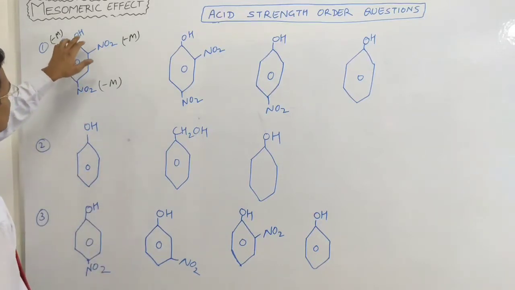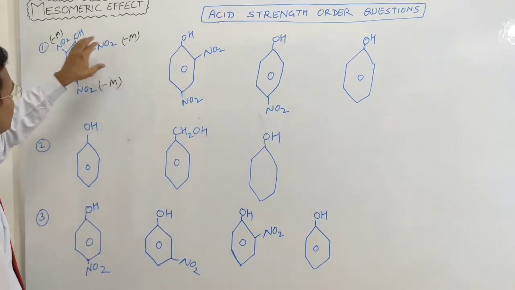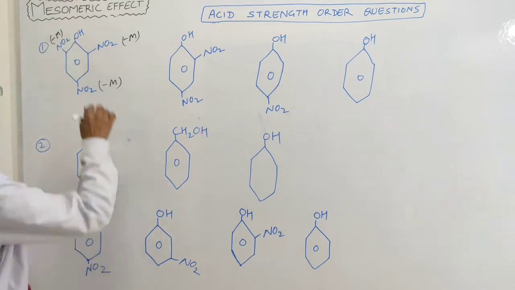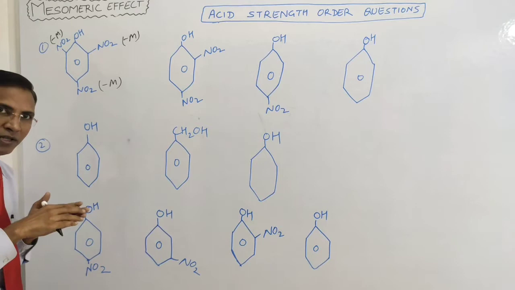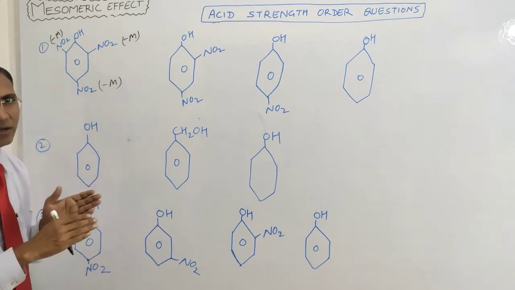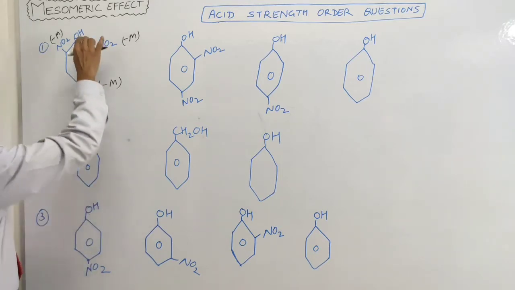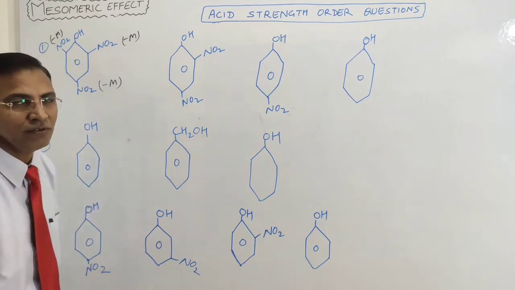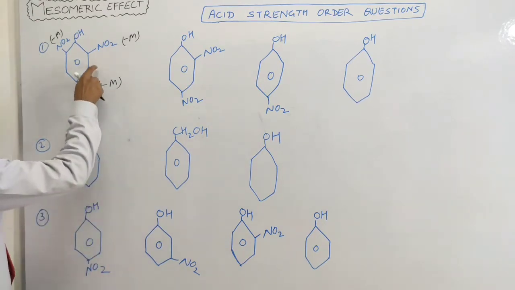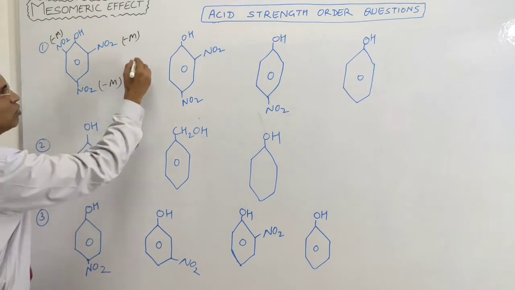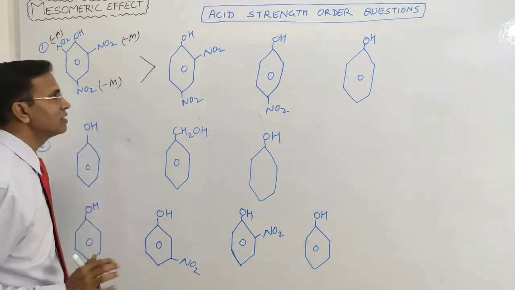So here it withdraws the electron system from the OH group and makes the OH bond weak, more polar, and easy to break, right? So more easily H positive is given, which means it will be more acidic. So here this species will be more acidic, as 3 minus M groups are there.